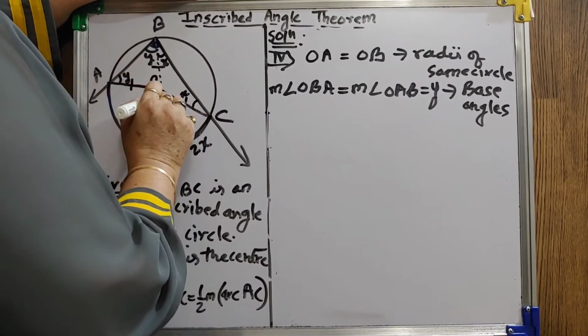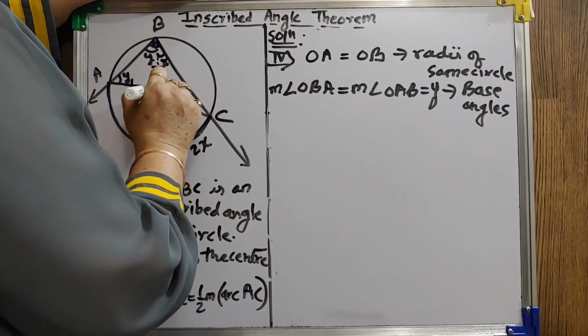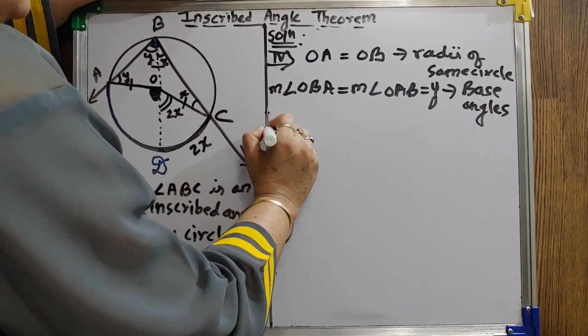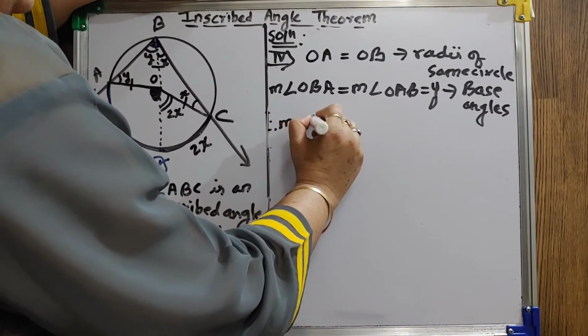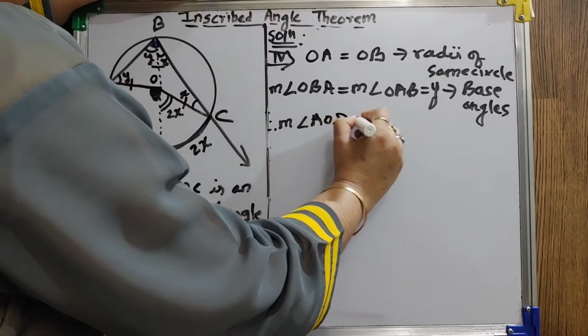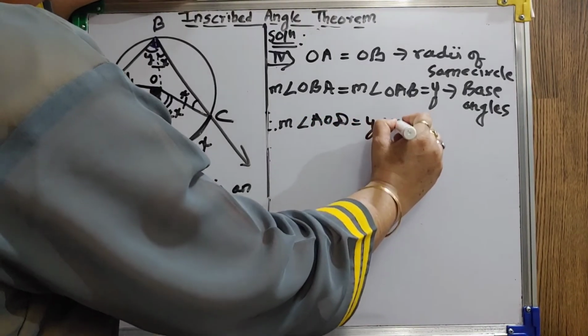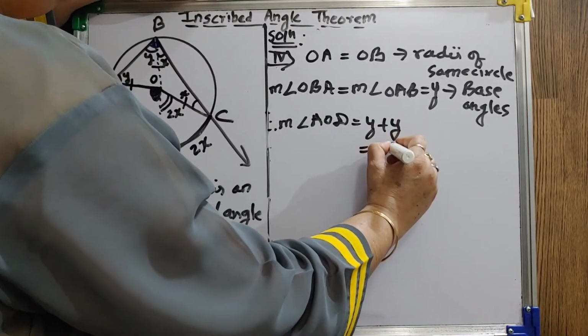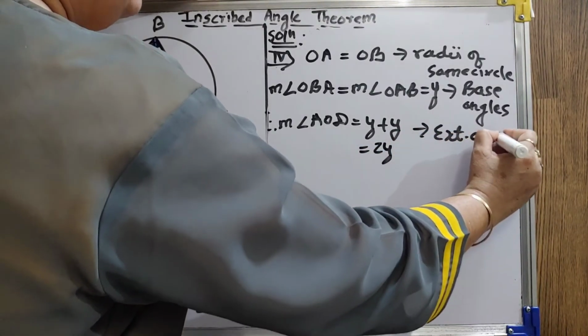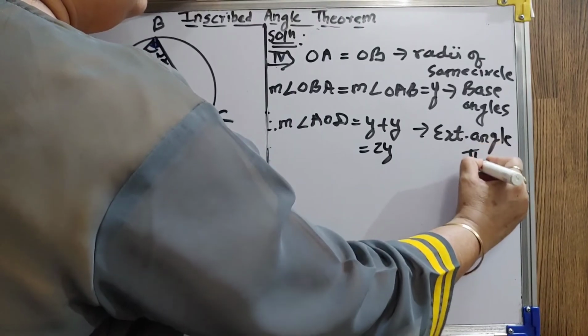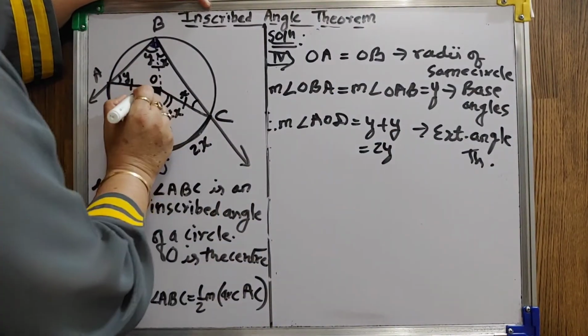Again in the same way, this angle is an exterior angle for them. Therefore, the same point I am writing. Measure of angle AOD will be y plus y. That is 2y. You know the reason, the exterior angle theorem. So I got this 2y.